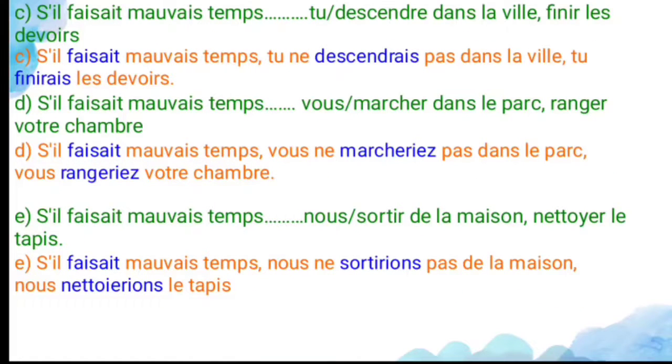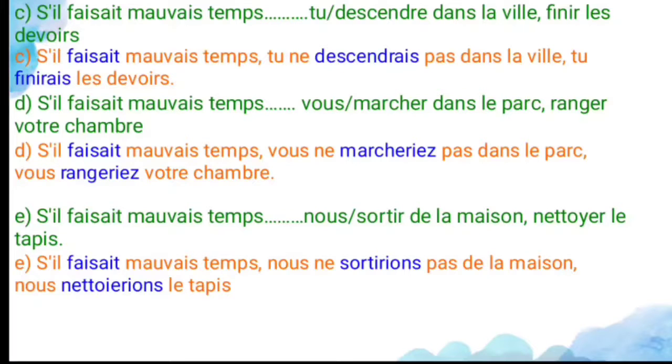And the third one is s'il faisait mauvais temps, if the weather was bad. Tu, descendre, which means to come down, dans la ville, in the city, and finir means to finish the homework. So let's make the sentence.